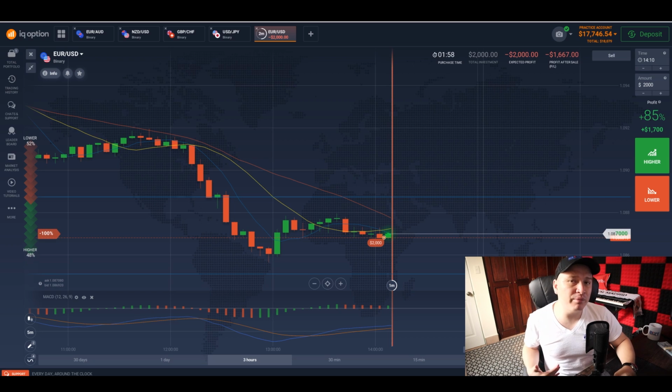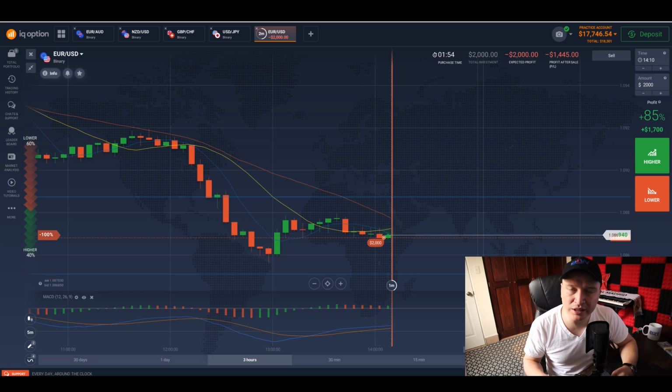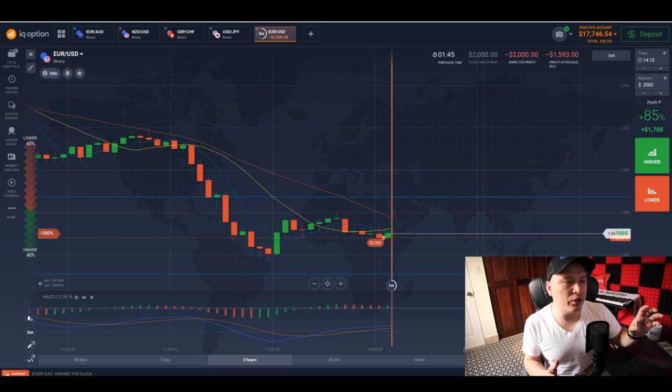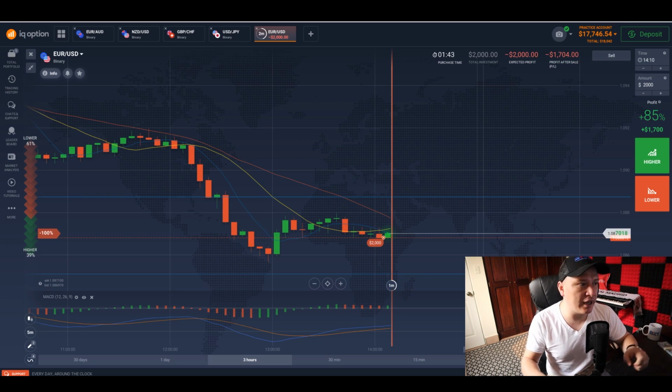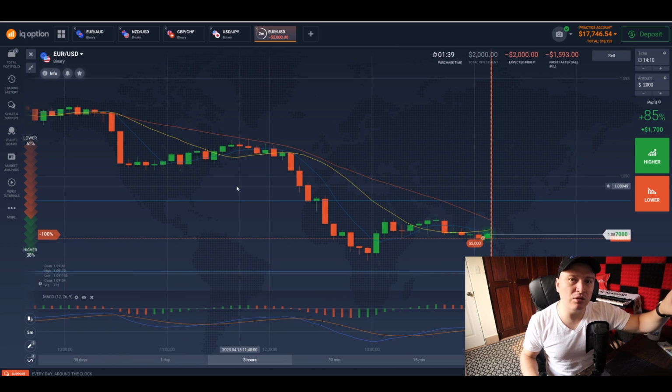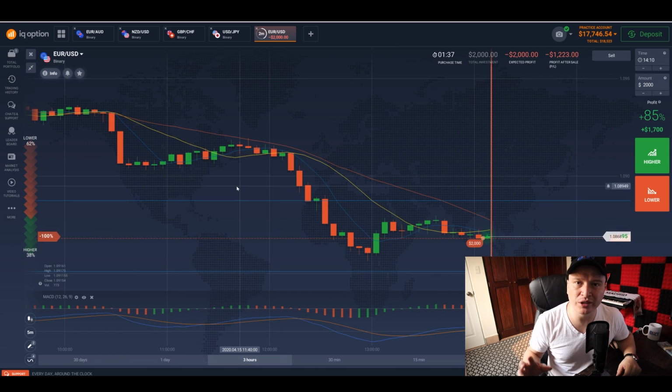So this is a combination of different indicators or different tips, if you want to see it that way, so that you can be more profitable with the support and resistance strategy. I know it's a lot of information, and I know this is going to reduce the amount of trades that you place a day, because if you place trades all day long, you're going to place over 50 or 100 trades per day in the 2 minutes, and like 30 to 50 when it comes to the 5 minute trades.